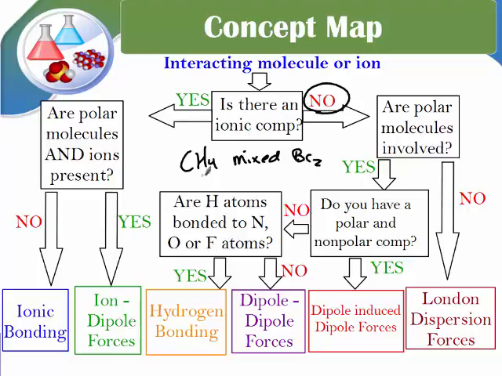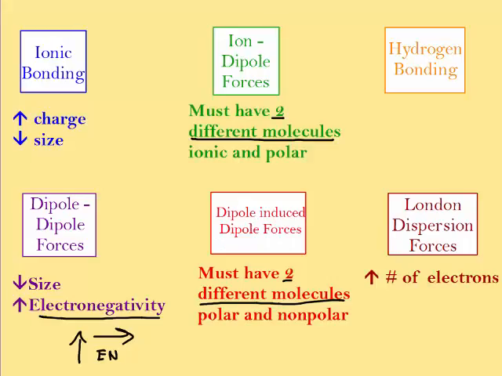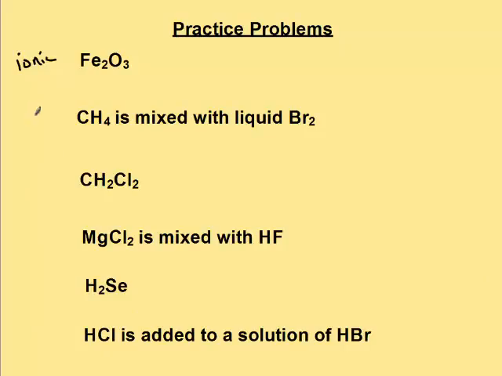So this one has the same thing all the way around, so it's nonpolar. This one has one bond, and that one bond is nonpolar, so nonpolar. So do we have polar molecules involved? No. So it's just London dispersion forces. Notice that they were different molecules, but they had the same force. So it's still London dispersion forces.